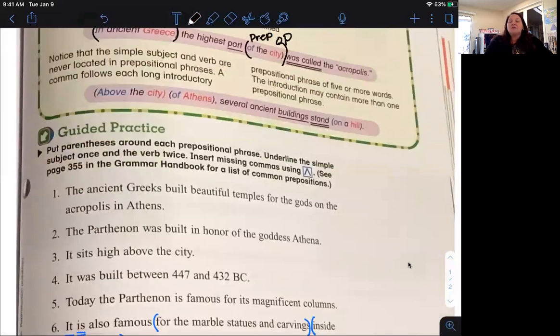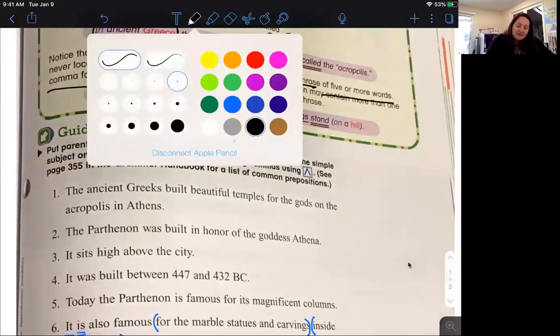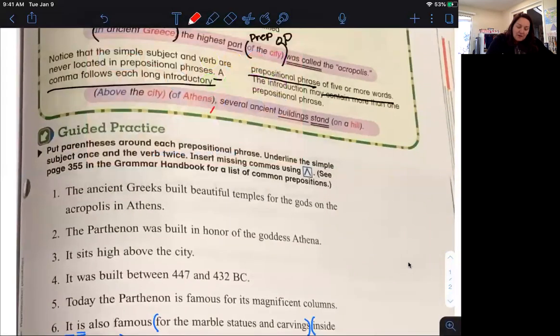A comma follows all introductory prepositional phrases of 5 or more words, and we'll have 2 sentences today that display this. The introduction may contain more than one prepositional phrase. Above the city of Athens, then we have a little comma here. Several ancient buildings stand on a hill. And you guys are very good at finding prepositional phrases.